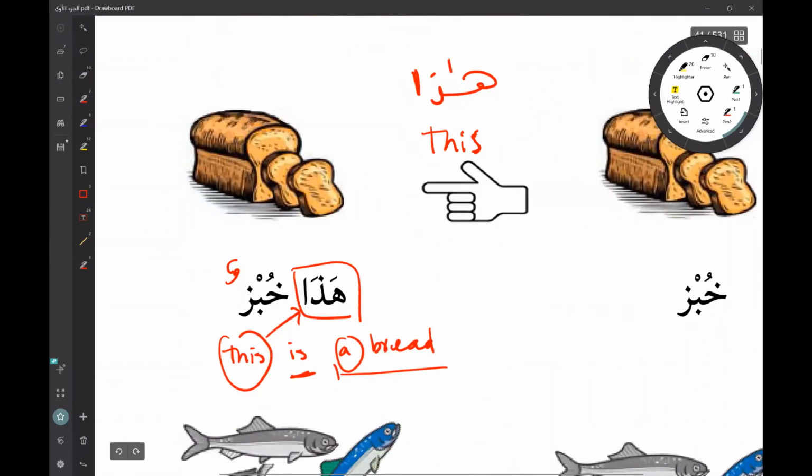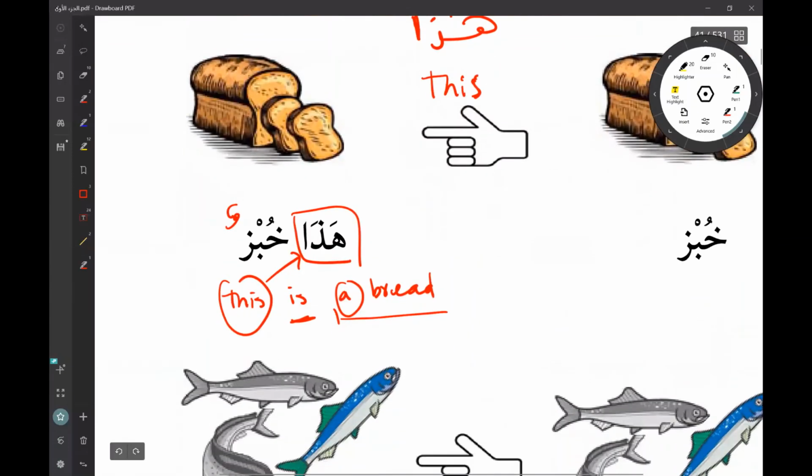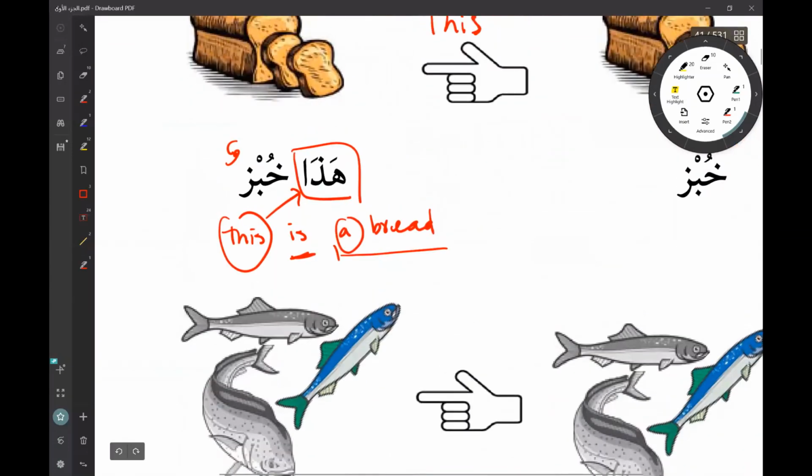And we said that after hadha, whatever indefinite noun we say, hadha khubzun, it becomes a sentence. This is a bread. And we talked about that is something that we have to put in the English translation. It is something understood in the Arabic language. We don't write it. Okay, so it's something to keep in mind.